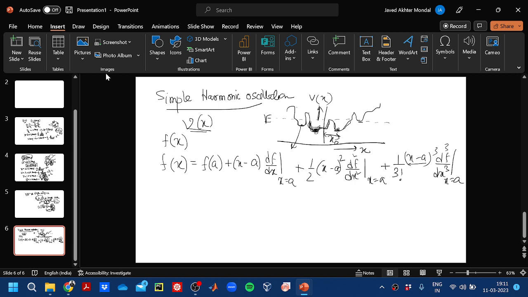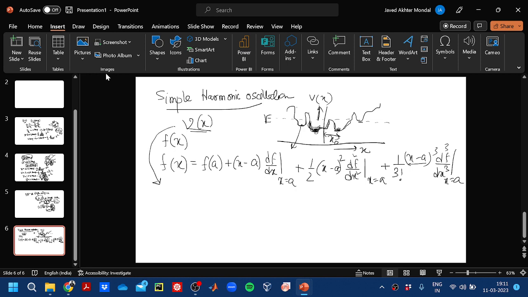So whatever the function V(x) is, regardless of that, we can always expand this potential around a minimum point, around any point. Suppose this is our one local minimum x0.